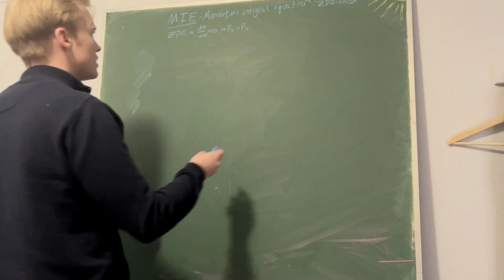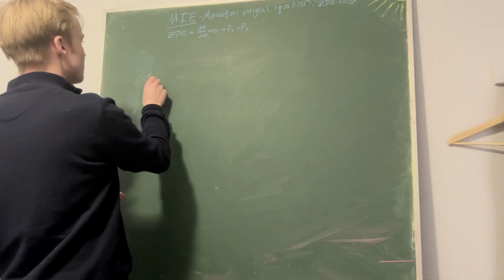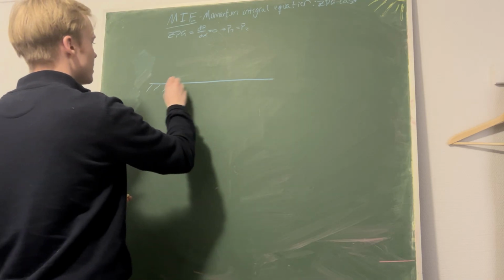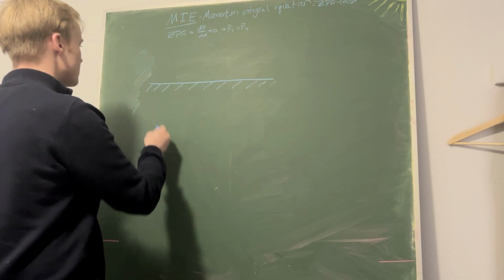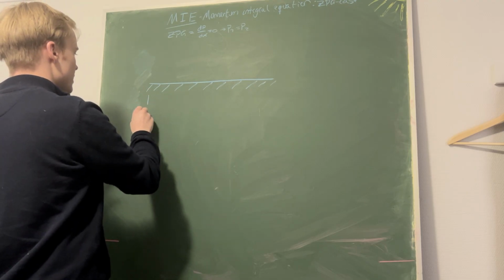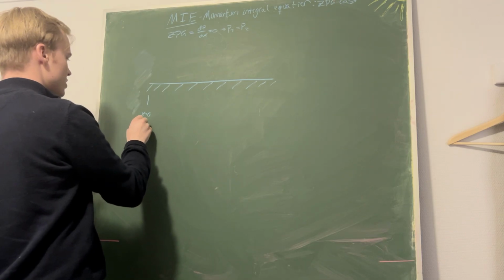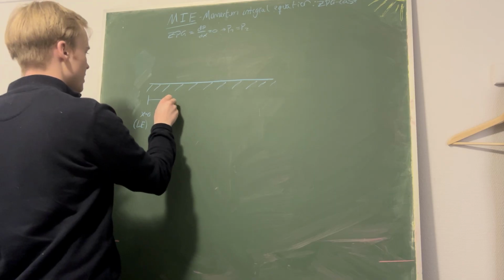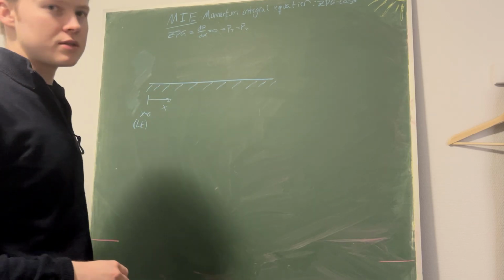So let's draw this plate case. We'll draw this here. So this is our plate, and then we have our x is equal to 0, which is called the leading edge, LE for short, and then we have x, our horizontal distance, which goes along the plate there.